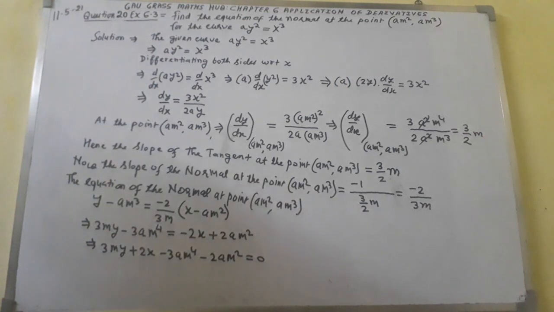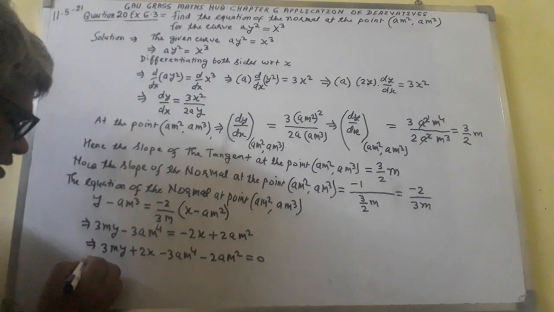Now I shall check whether the answer is correct or not with the key. Here we have got 2x plus 3my minus 3am⁴ minus 2am² equal to 0. So this one you have got.